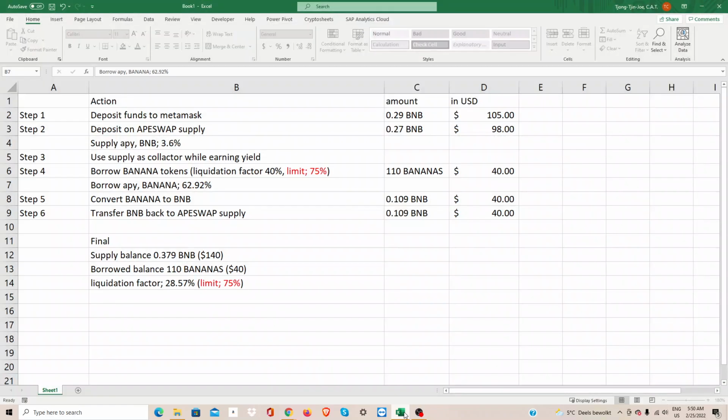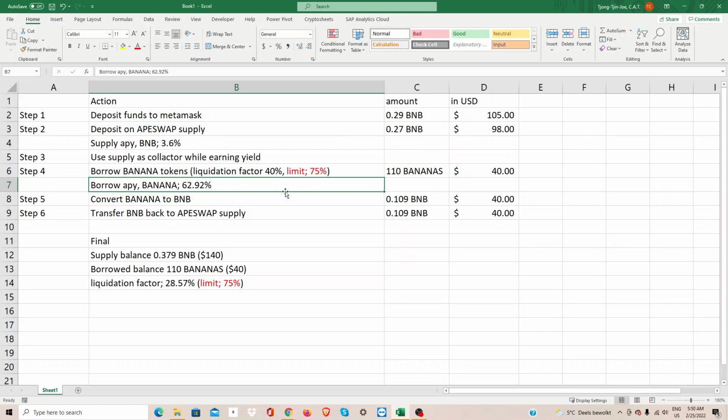And yeah, I continued by converting the banana coin to BNB. I thought maybe I should do a stable coin, but I thought BNB, yeah, why not BNB? I think BNB is a good and stable investment. It's also on the Binance chain, so not really worried. So I converted my banana to BNB.